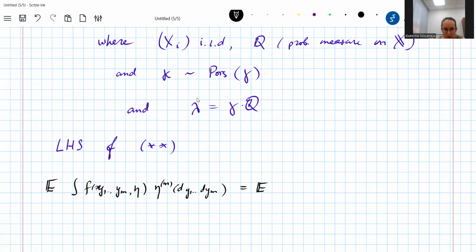Let me write once more. The integral with respect to the factorial measure is the sum over non-equal indices, and they should be less than this random variable kappa.